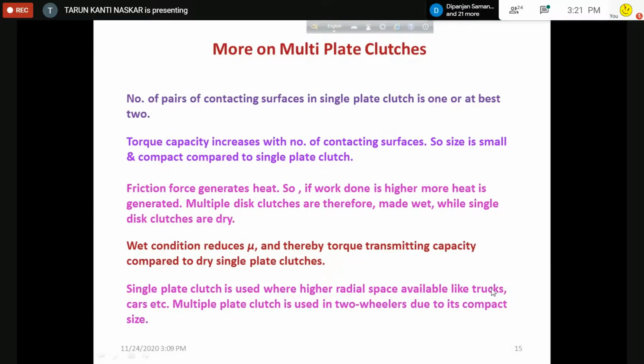Multiple plate clutch is used in two-wheelers due to its compact size, as space availability is low.